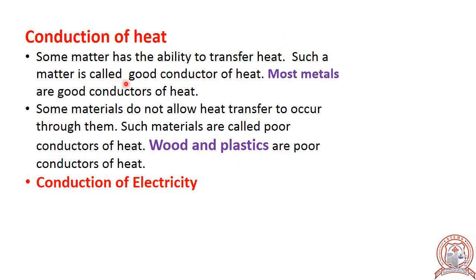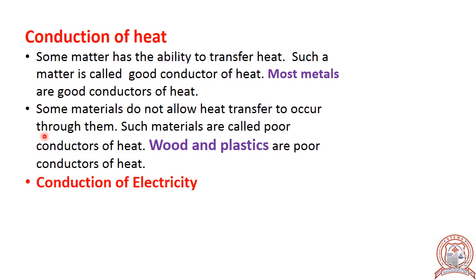Such matter is called a good conductor of heat. Most metals are good conductors of heat. Such materials allow heat energy to pass through them. Okay, such materials are called good conductors of heat.